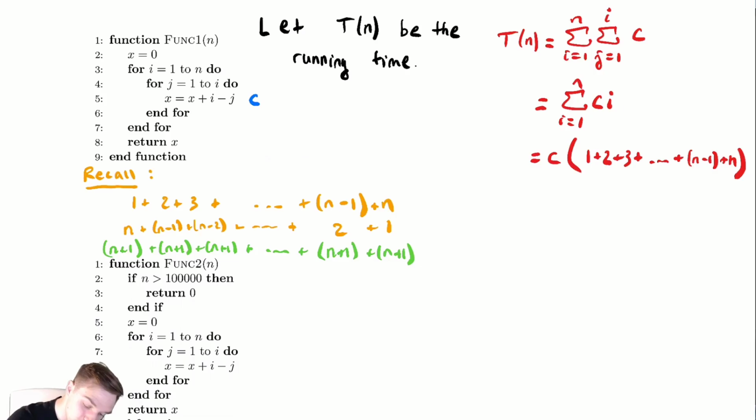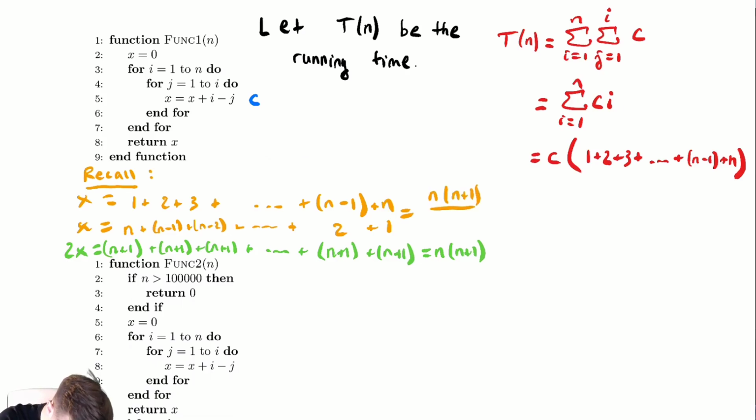And to maybe make this more rigorous, I'm going to call the first summation x. The second summation is also x, which means the green summation is 2 times x. How many things are appearing on the right-hand side there? Well, there's n terms in the first one, n terms in the second one, and n terms in the third one. So it's n times n plus 1, which means that original summation would equal n times n plus 1, but I got to divide by 2.